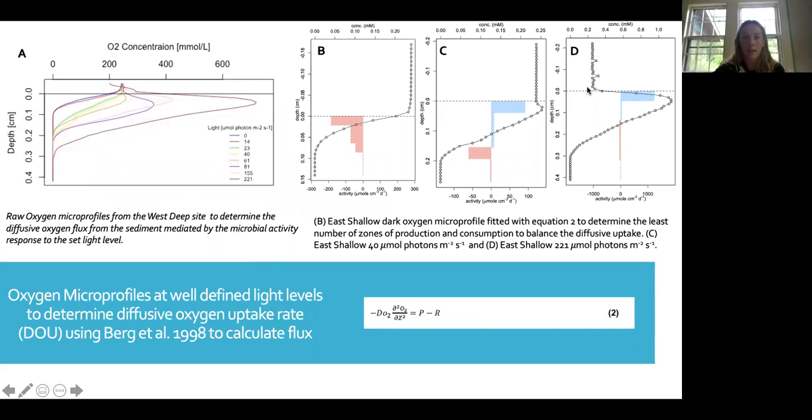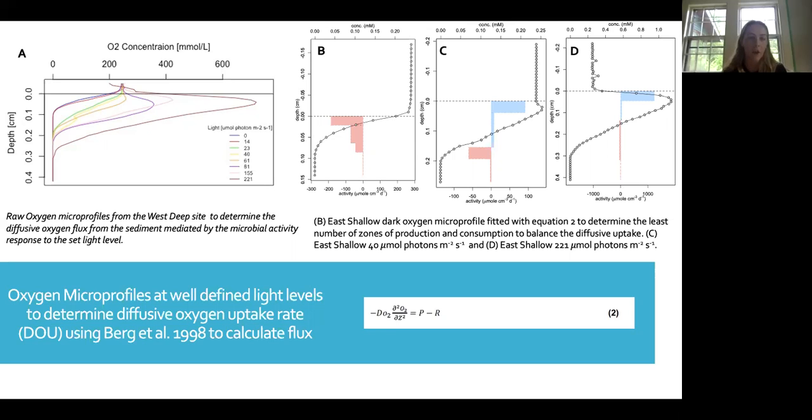And then next, the dissolved oxygen uptake rate was done. And this was done by the raw oxygen profiles being plotted, which is A, where you can see the intervals from 0 to 221 micromole photons, where it starts off decreasing oxygen at the lower light levels and dark until around 40 to 60, where you slowly start to see a subsurface oxygen maximum zone where the oxygen is actually decreasing within the sediment.